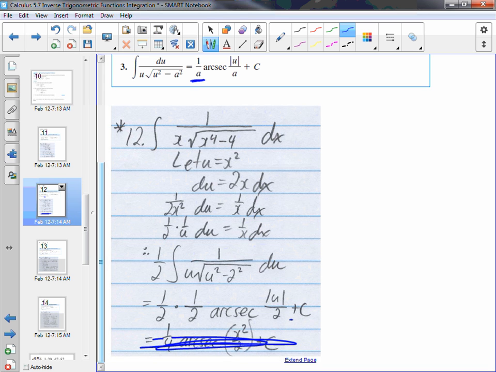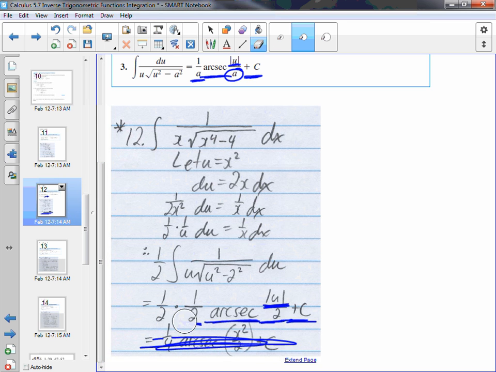Well, we said a is 2, so 1 over 2 times the arcsecant of the absolute value of u over a, over 2, plus c. You good?